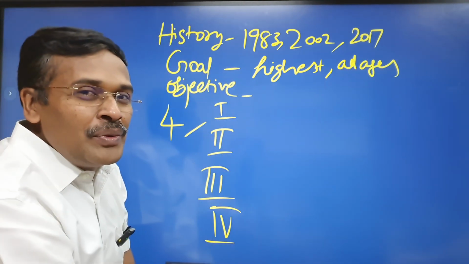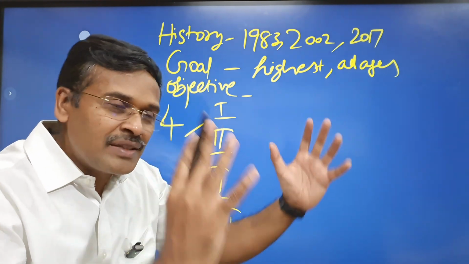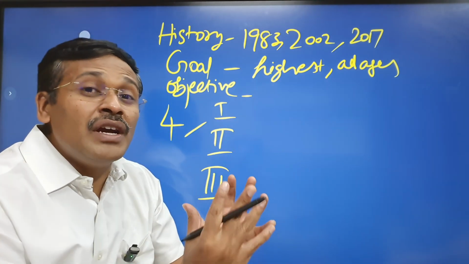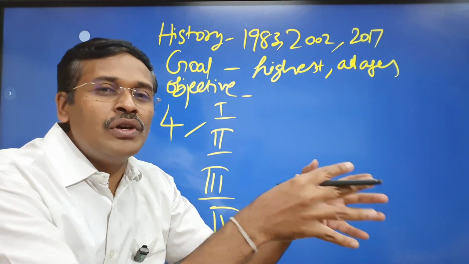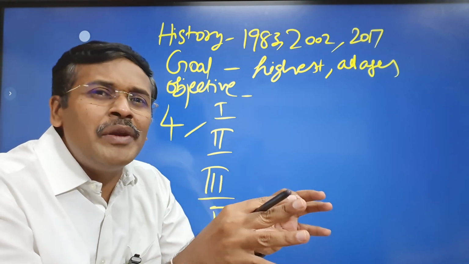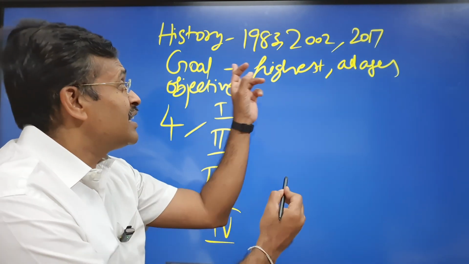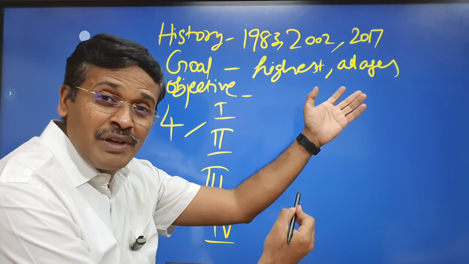What is the objective? Remember, the goal is always a broad thing. The objective is something we use to achieve the goal, so it will be a little more specific. The goal is the highest possible level of health.